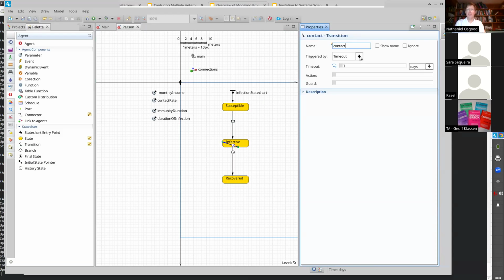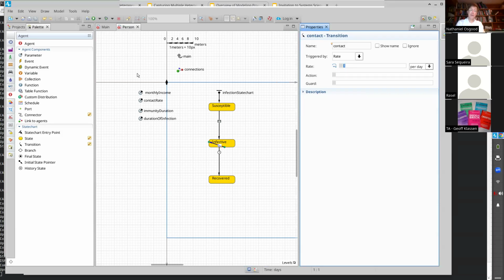That's not too bad. Contact. And it's going to be a rate transition with a rate given by what? What do you think might set its rate? What thing do we have sitting around that might set its rate?